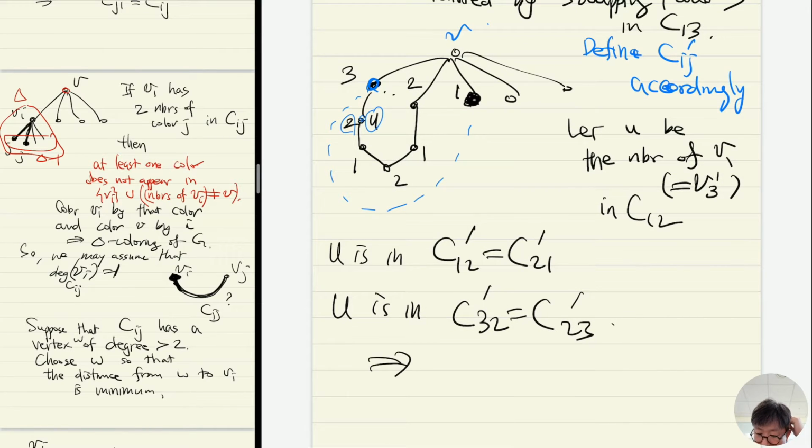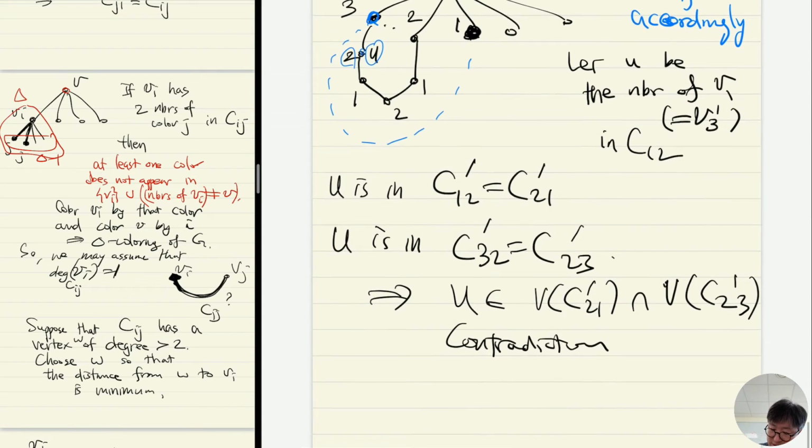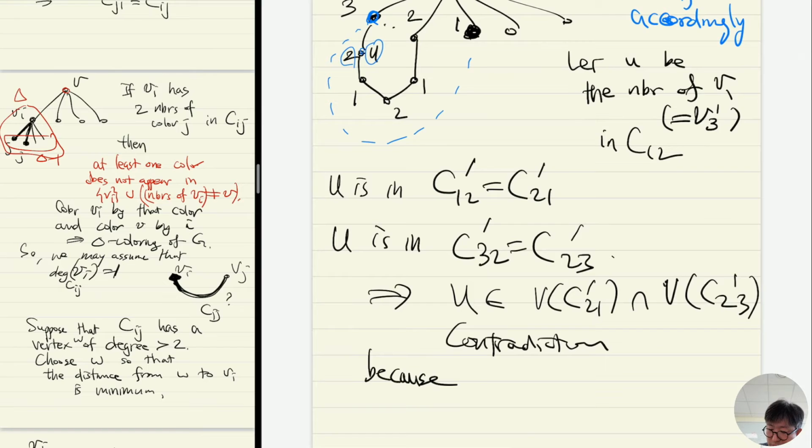That means U is in the intersection of C21 prime and C23 prime. That's a contradiction, because U is not one of these vertices.